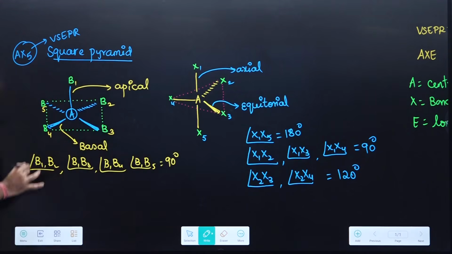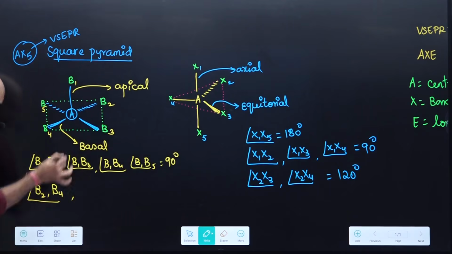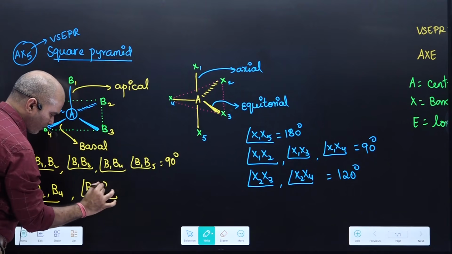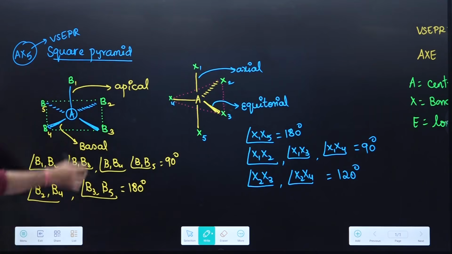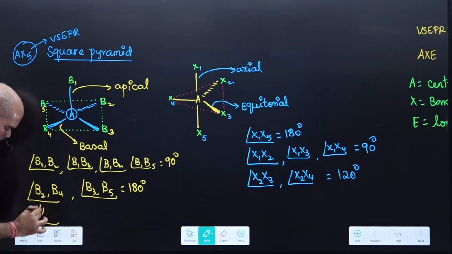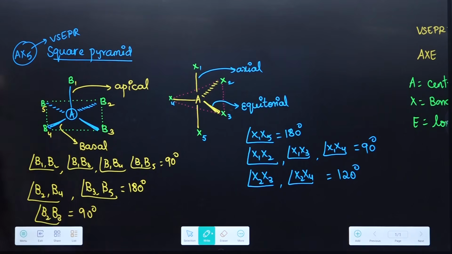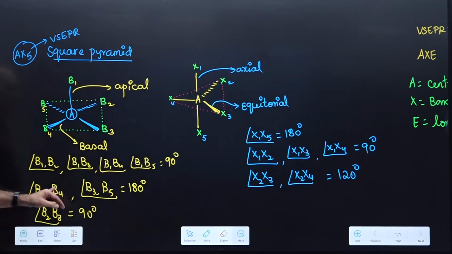Between B2 and B4 or between B3 and B5, bond angle is 180 degree. Between B2 B3 or B3 B4 or B4 B5 or B5 B2, it is again 90 degree. So only two bond angles, 180 and 90.